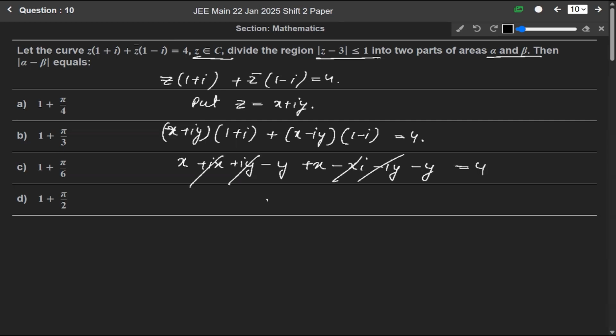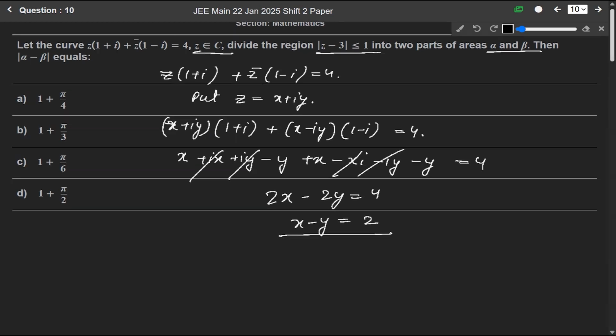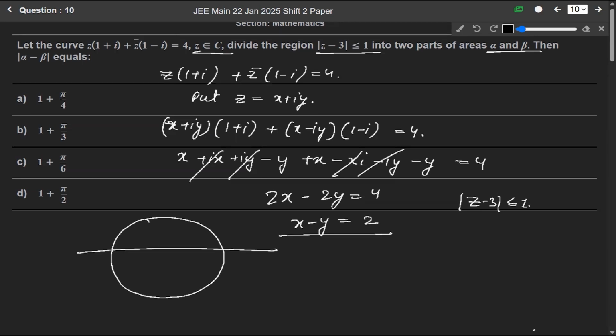So we get 2x minus 2y equals 4. So x minus y will be equal to 2. So this x minus y is equal to 2. So for this we can write, and it is also given as modulus of z minus 3 is less than or equal to 1. So for this, this will be the case.